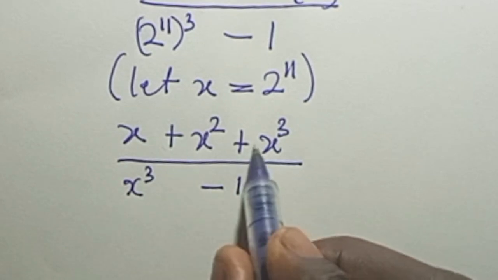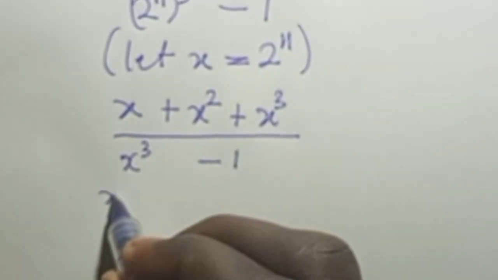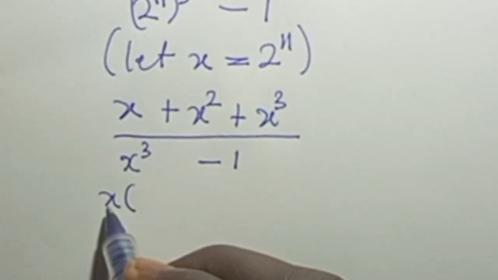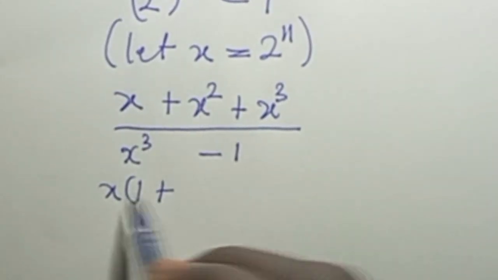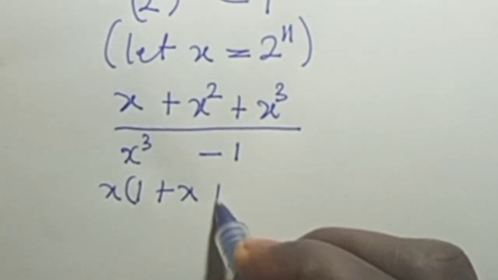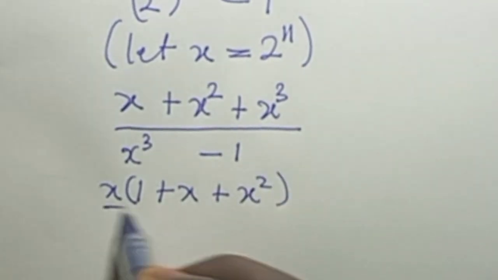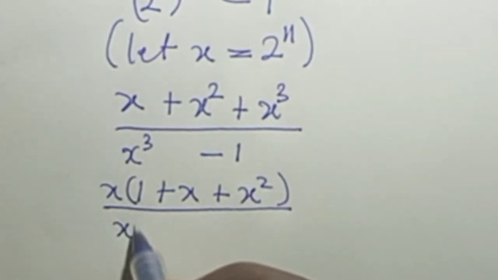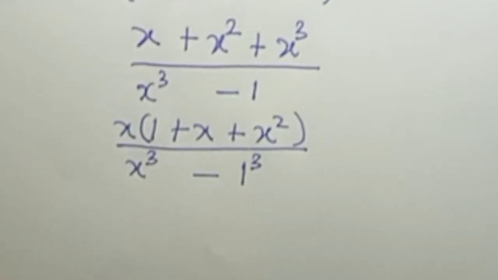We can factor out s from the numerator as s(s divided by s is 1, plus s^2 divided by s is s, plus s^3 divided by s is s^2) over s^3 - 1.